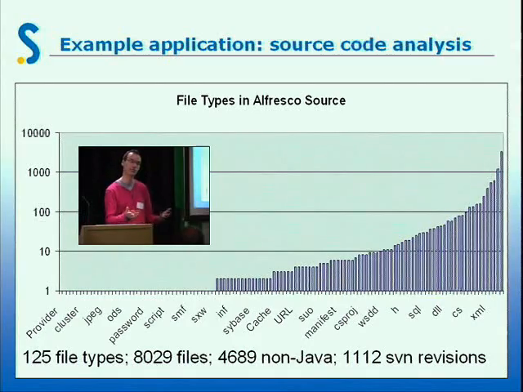So actually, if you want to do proper source code analysis, if you want to understand what's going on in this system, it's not enough to just analyze Java source files. You also have to look at other things. And this is particularly true of an application like Alfresco. It's built on top of frameworks like Spring.